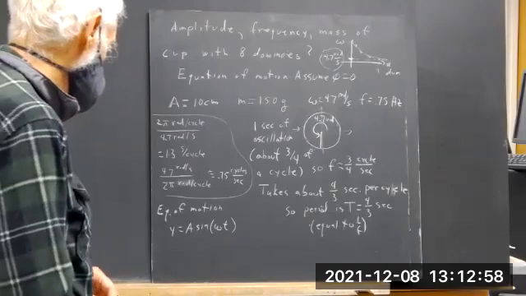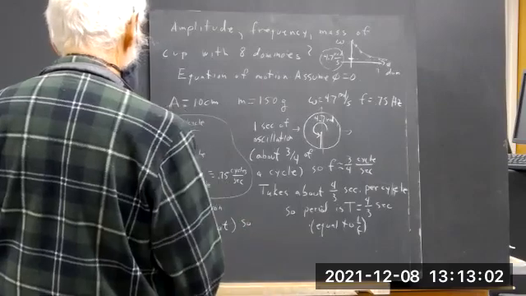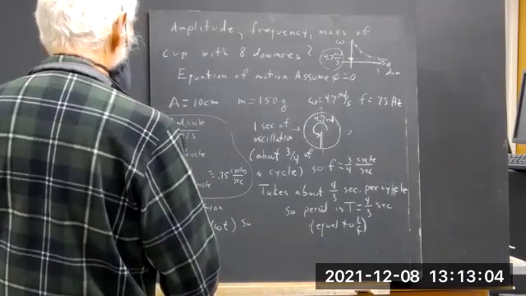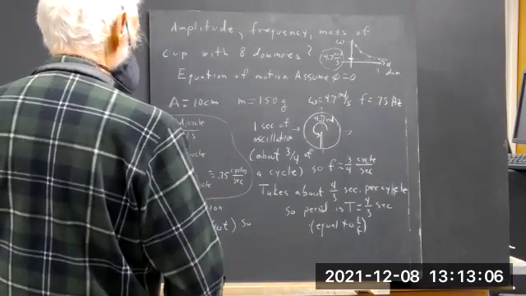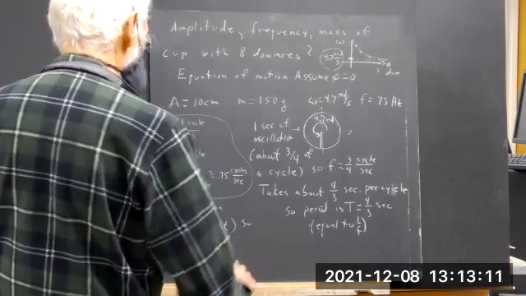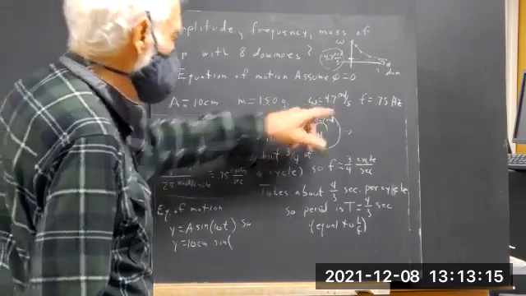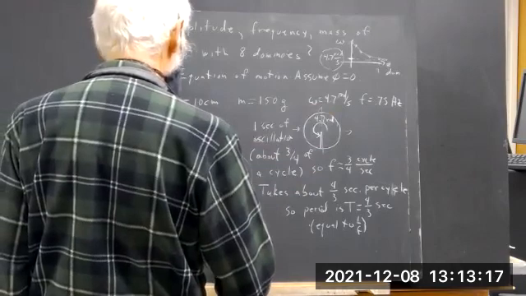So y equals 10 centimeters times the sine of omega t. Omega is 4.7 radians per second.